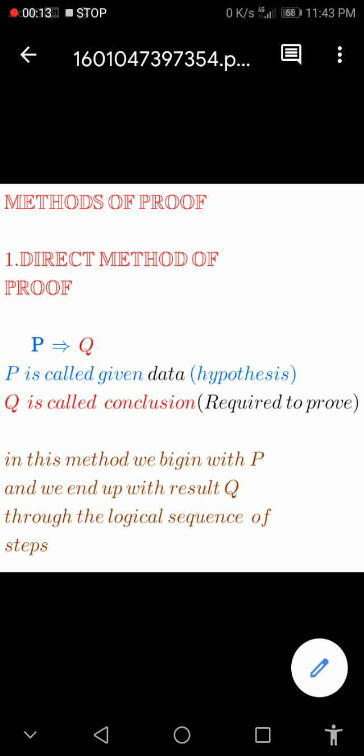We shall discuss in today's class the methods of proofs. What are the methods we use for solving a problem?